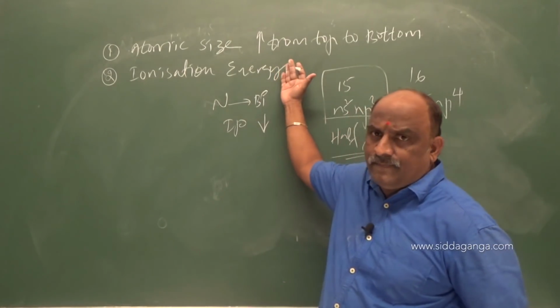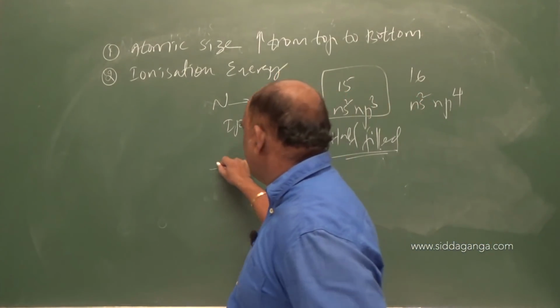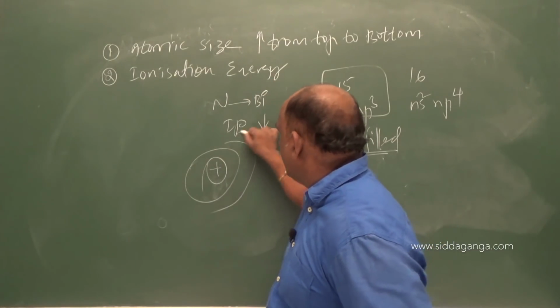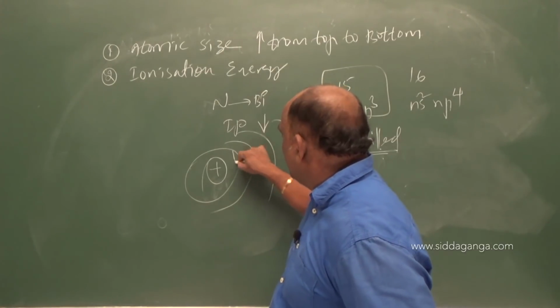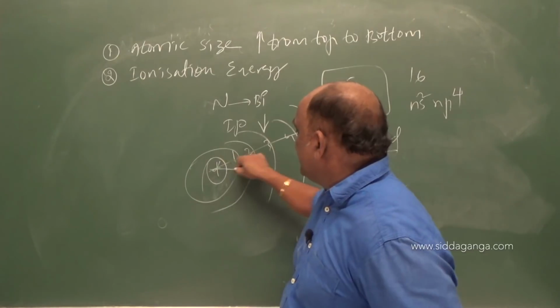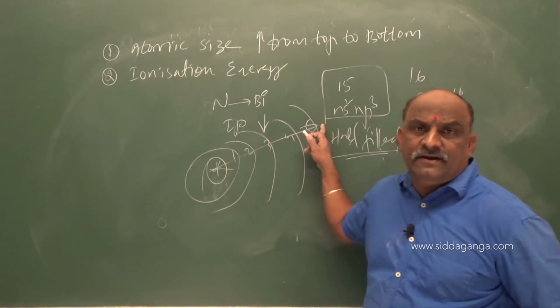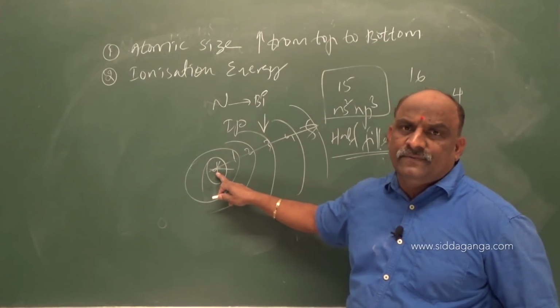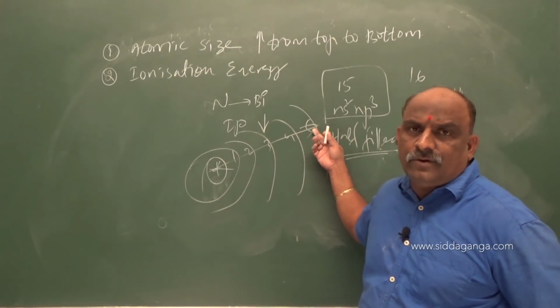Size increases. Size increase means, imagine it is a nucleus, and these are the first orbit, second orbit, third orbit, 1, 2, 3, 4, 5. The distance between the center of the nucleus and the outermost electron increases. The attraction forces decrease, so it is easy to remove an electron from the outermost shell.